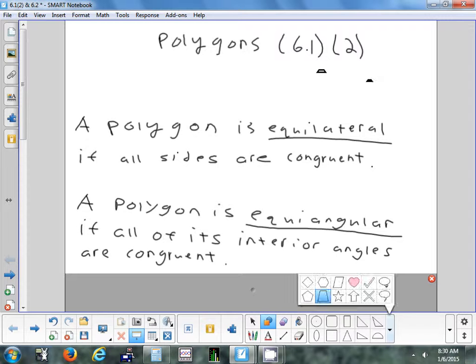It's not letting me, oh, now it's got it. Okay. There's a rhombus. All the sides are the same there, so that would be considered an equilateral polygon, but I hope you can tell, certainly it's not equiangular. Two of the angles are much bigger than the other two.